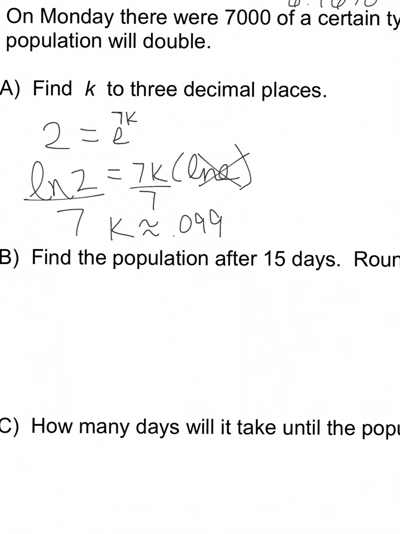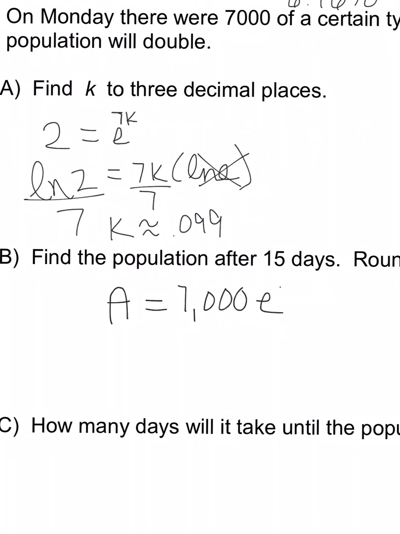And then it says find the population after 15 days. So find the population, that's our ending amount. A equals P, which was 7,000 originally, times e to the 0.099 times 15 days. I picked the right units. If you picked a week, then you would just have to do 15 over 7 to make sure you have your 15 days in units of weeks.